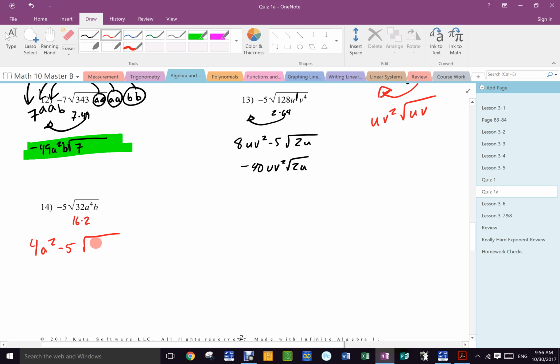No. So what stayed under there? 2b. And what did this become? Negative 20 a squared root 2b. Or is it not 2b? No, it doesn't. Every math teacher makes that joke whenever they get to write 2b.